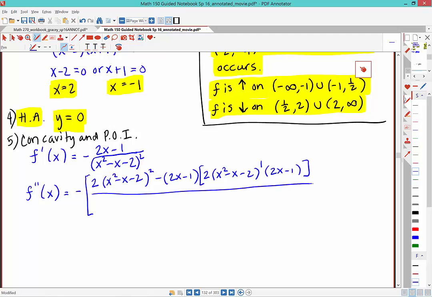And this is all over the denominator squared, which will give us x squared minus x minus 2 to the 4th power.